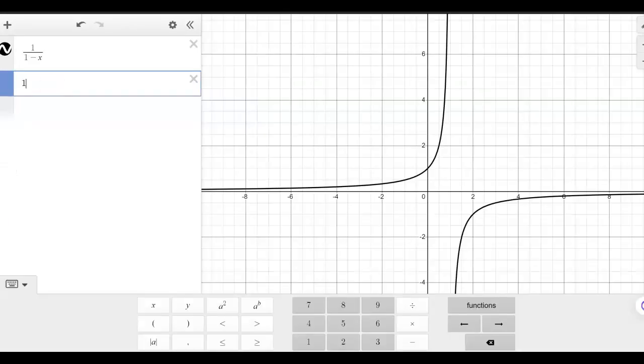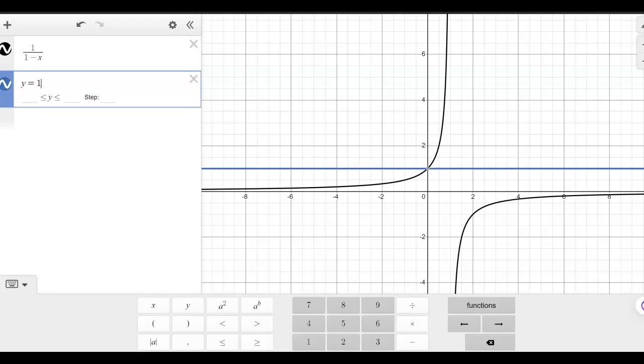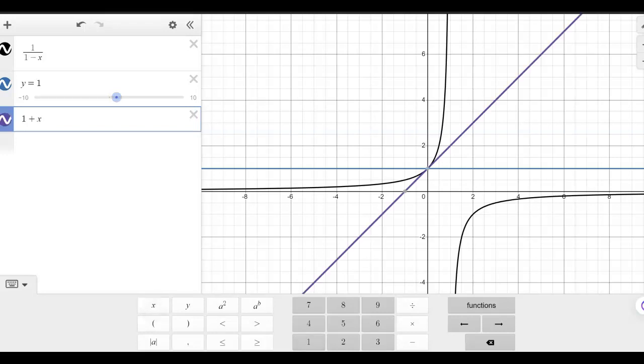We just can't put 1. Sorry about that. You have to put y equals 1. Okay, so our first expansion is just a horizontal line. That really doesn't help us in any way. What's the second? So we're going to call that first term the first term of the expansion. What's the second term of the expansion? Including the first, so that would give me 1 plus x.